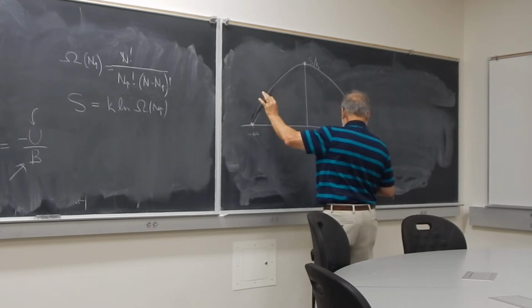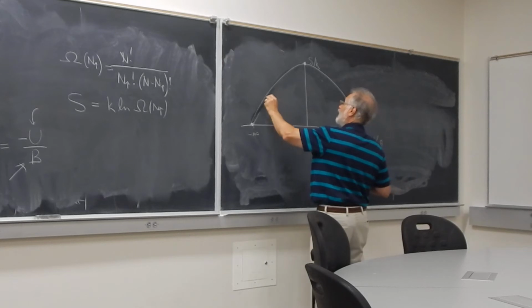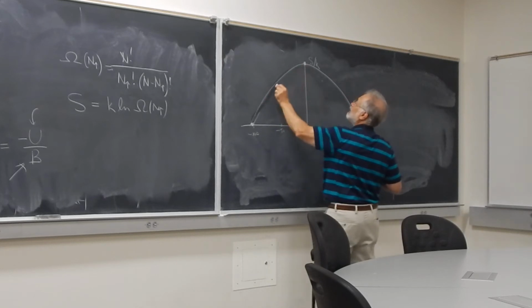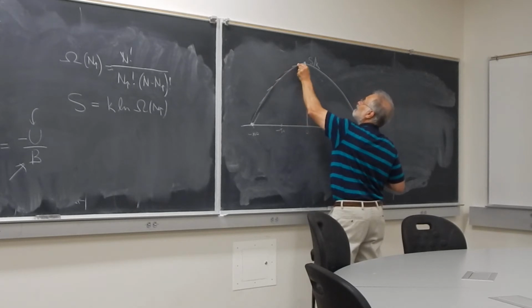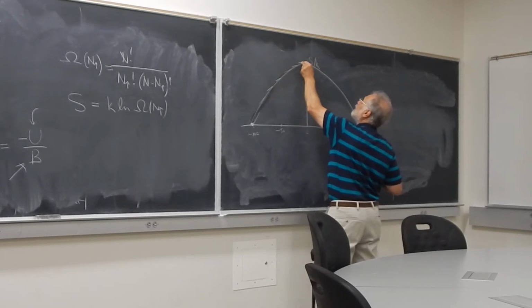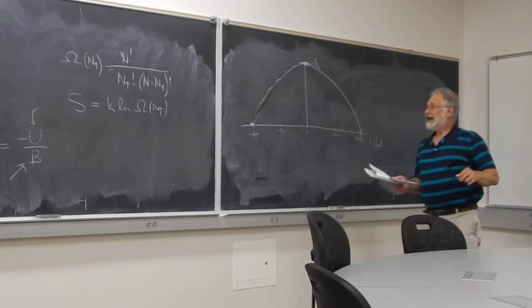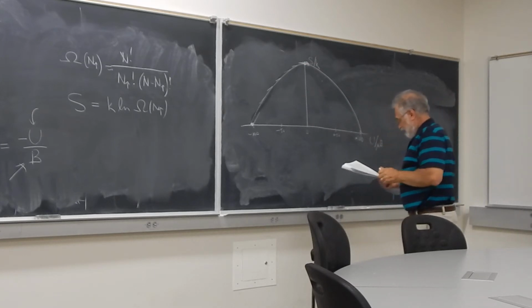It's still negative. The entropy versus energy plot is getting flatter and flatter as I go up this curve, until finally when I reach the top, the entropy is completely flat.